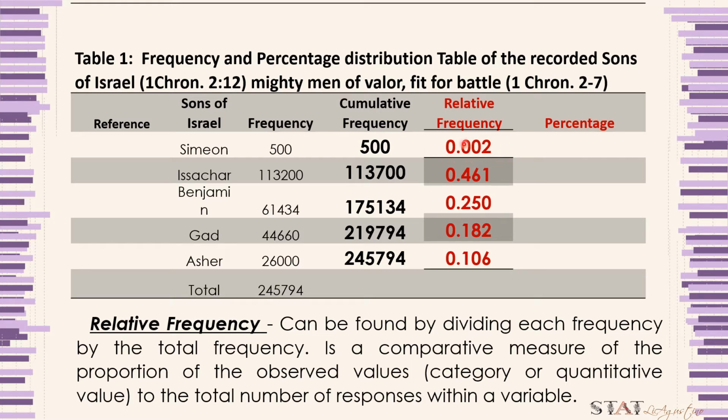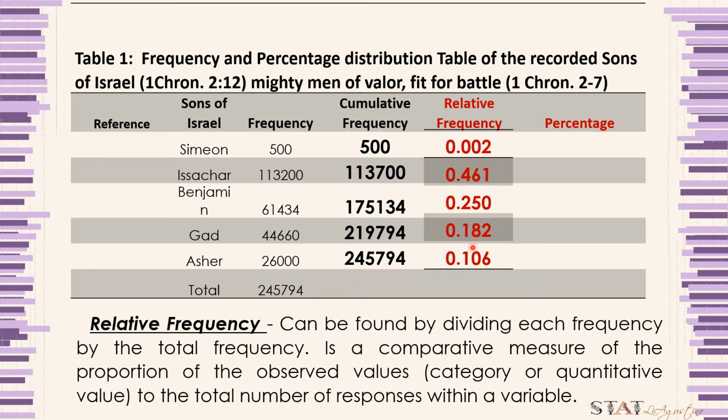0.002. And now, we also have 113,200 divided by 245,794. We have the relative frequency of 0.461. And now, for Benjamin, the frequency of Benjamin divided by the total number is equal to 0.250.